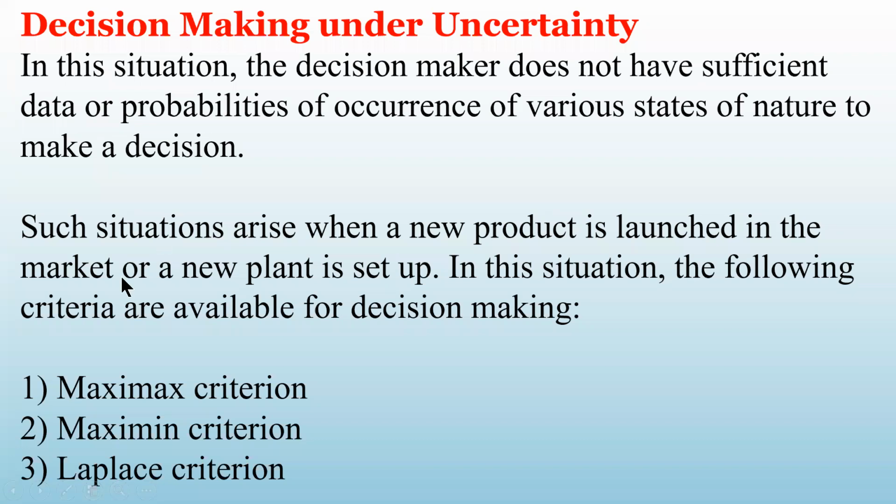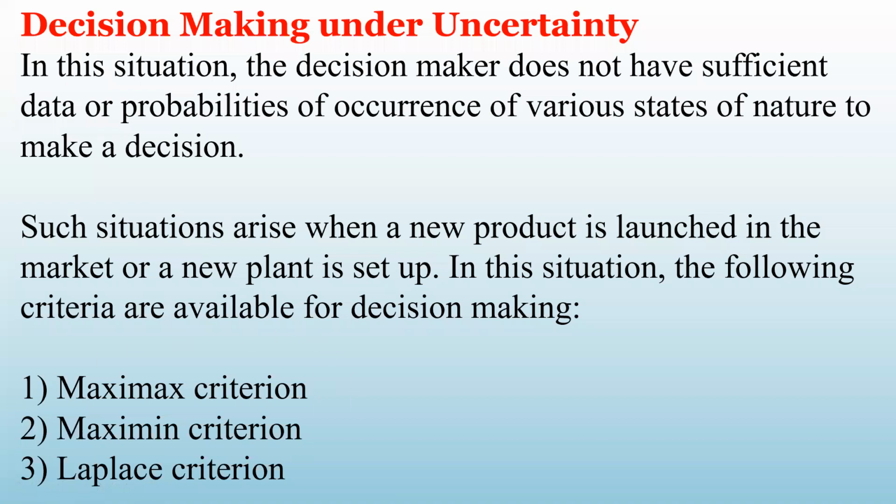Such situations arise when a new product is launched in the market, and we do not know what the demand will be because it is launched for the first time. In such a situation, there are 3 criterions available to make the best decision: Maximax, Maximin, and Laplace.